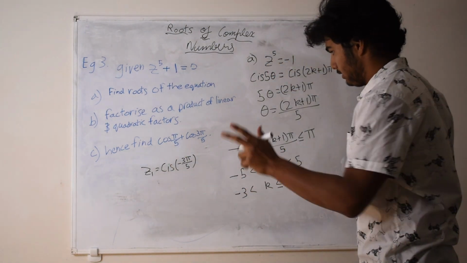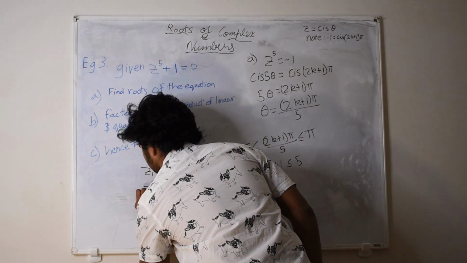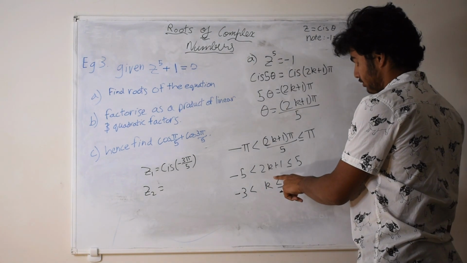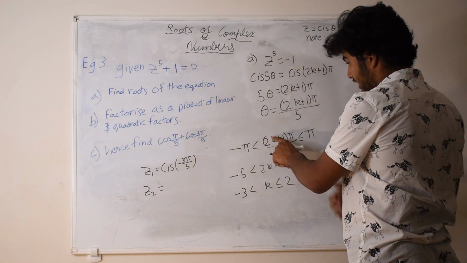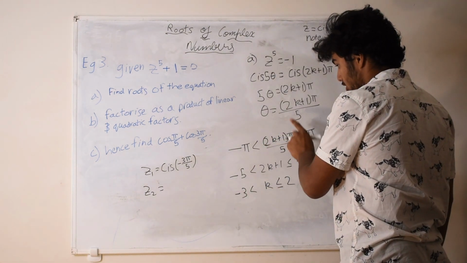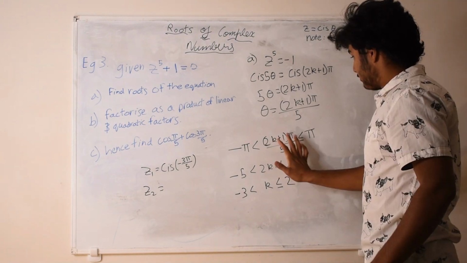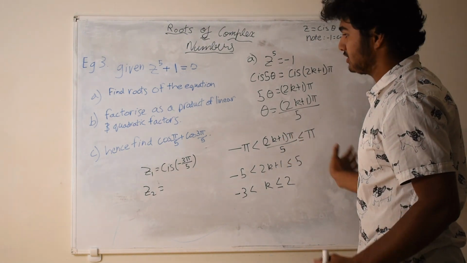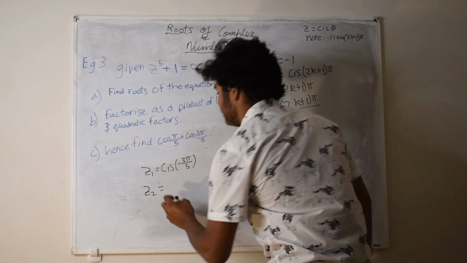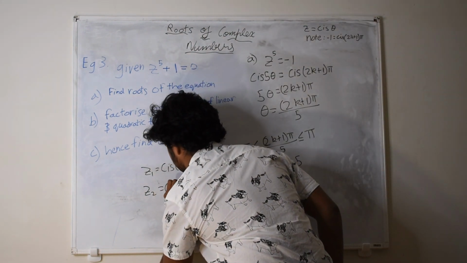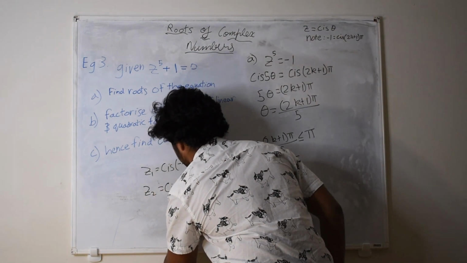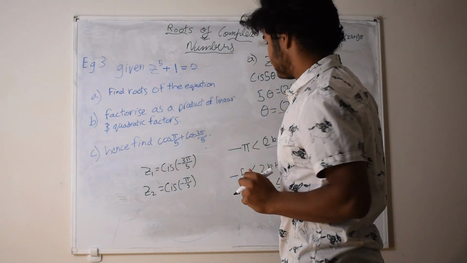First solution. Same thing for the second solution. Instead of negative 2, we go negative 1. Negative 1 times 2 is negative 2, plus 1 is negative 1, so negative pi upon 5. Cis minus pi on 5. Second solution done.